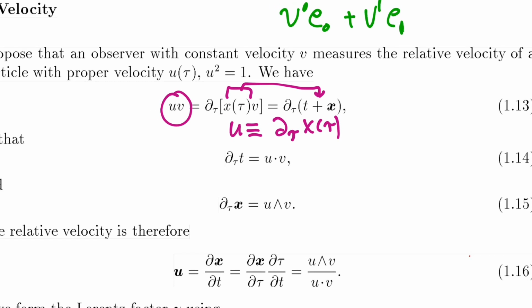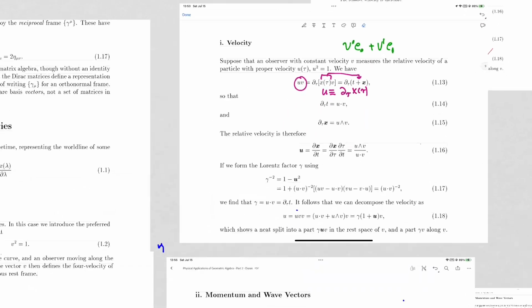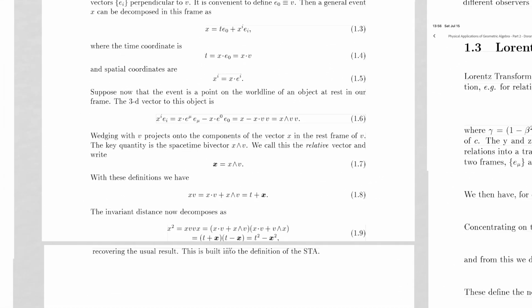And this coordinate time t is a real number, or a blade 0 object, and this is a blade 2 object, which is the relative position vector. And we know that from our previous work with relative vectors, where they work this out.